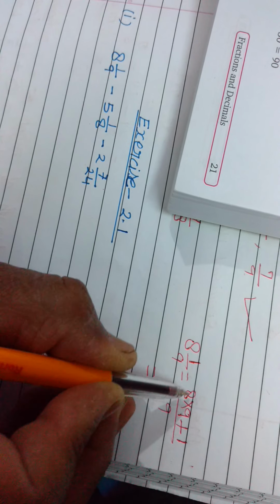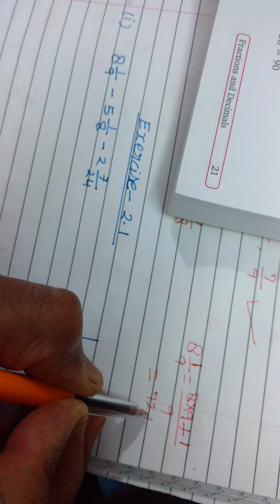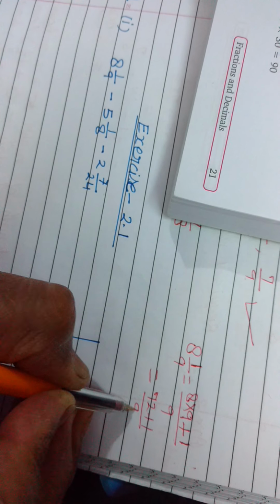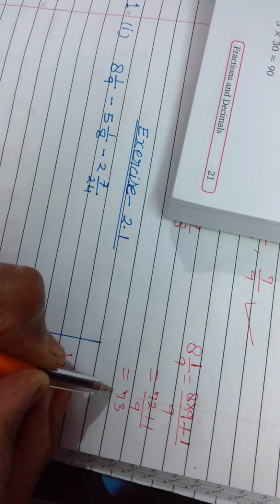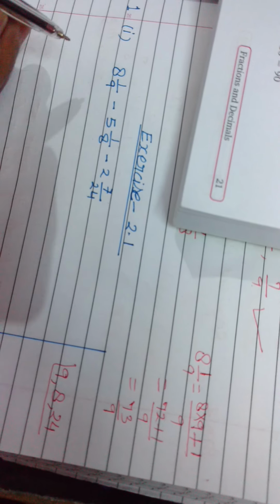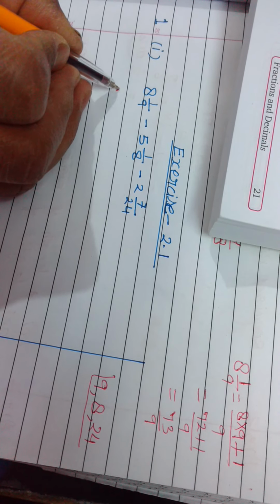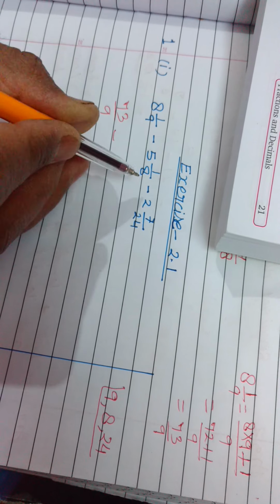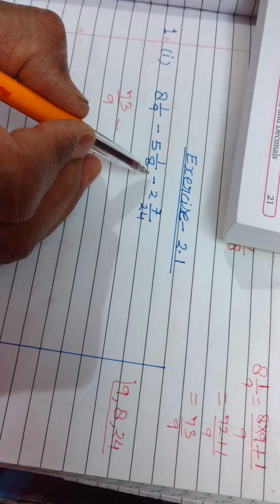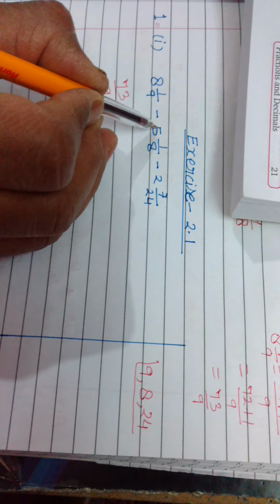So it will become 8 9s are 72, plus 1, upon 9. It will become 73 upon 9. So this I am writing as 73 upon 9 minus. Same way, now orally, directly also you can do. 8 5s are 40.